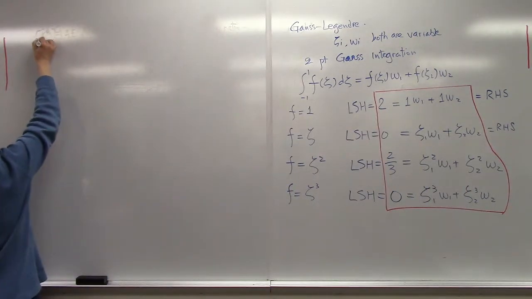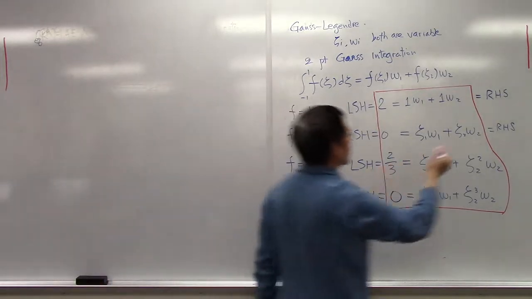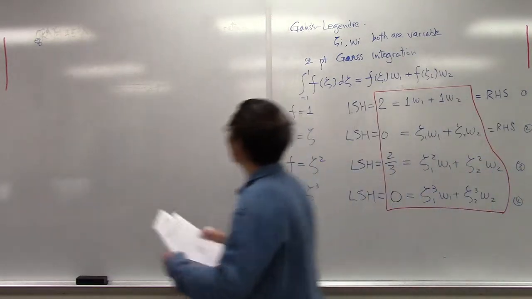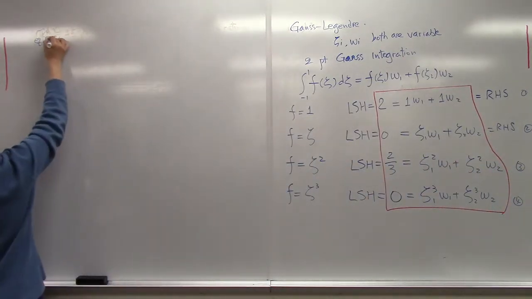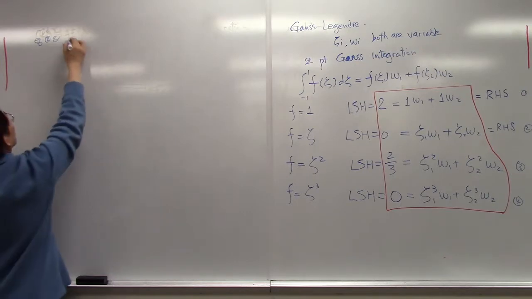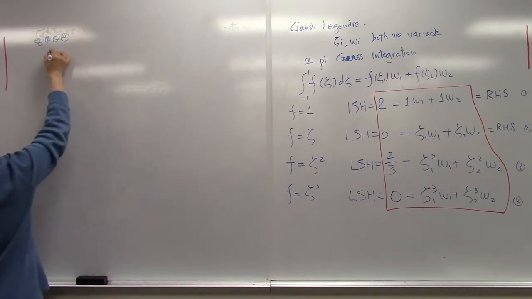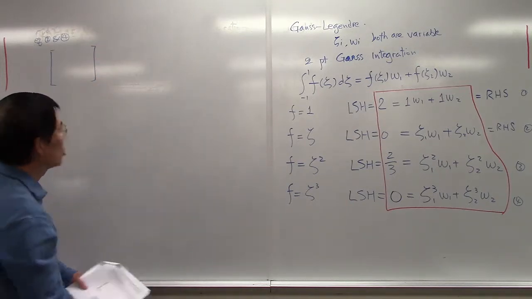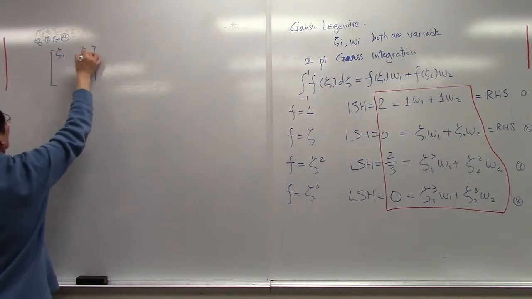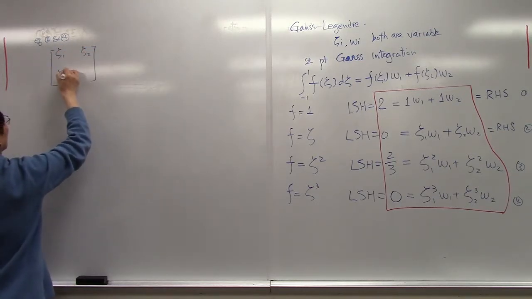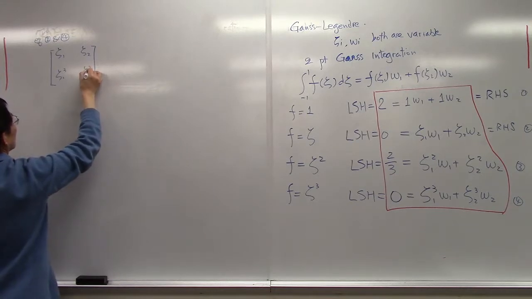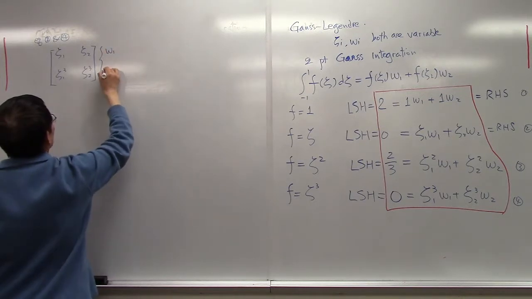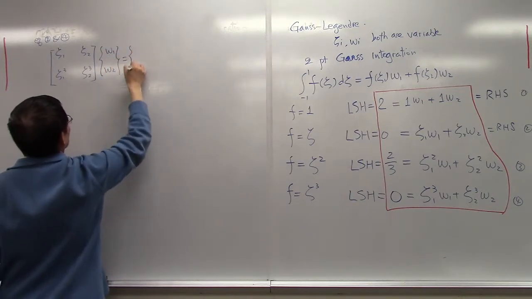So equations, we call them 1, 2, 3, 4. 1, 2, and 4 together. I can write it in the matrix form. Theta 1, theta 2. Here, theta 1 cube, theta 2 cube. And then times W1 and then W2 equals 0.